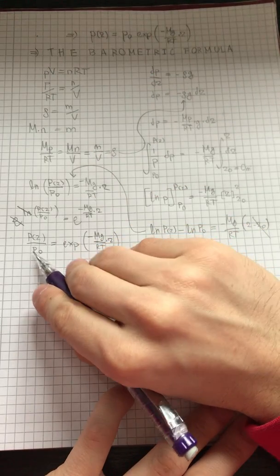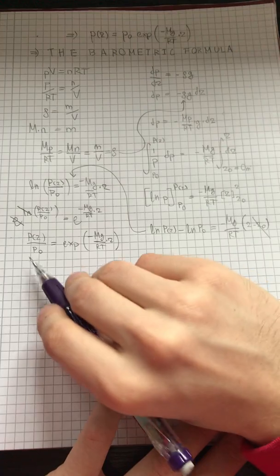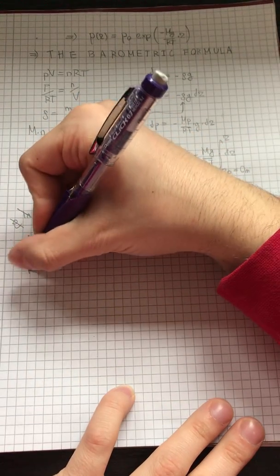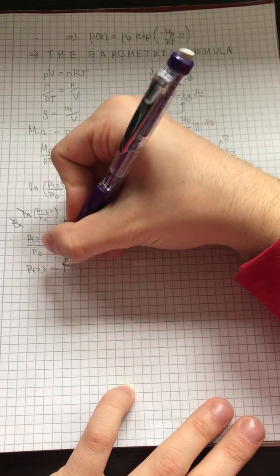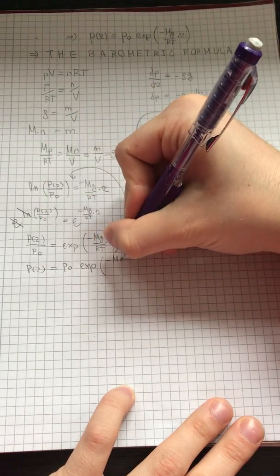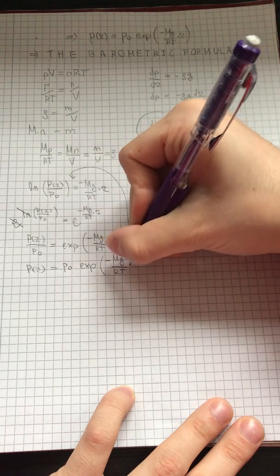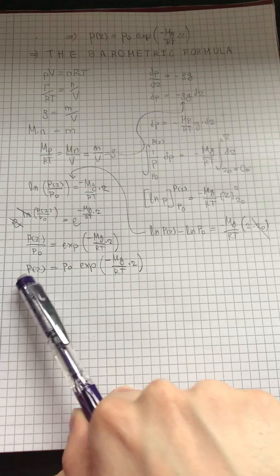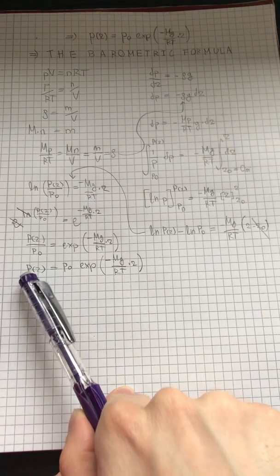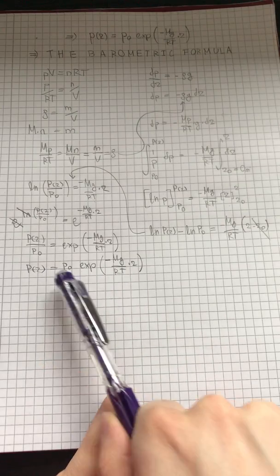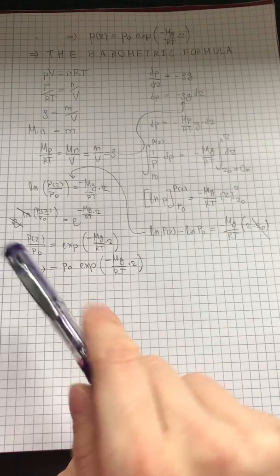We take the p naught to the other side. In other words, we multiply both sides by p naught. This will cancel, this will stay. And there you have it, ladies and gentlemen. This is pressure in terms of height. We say pressure in terms of height is a function f of x because you have this expression in terms of x.